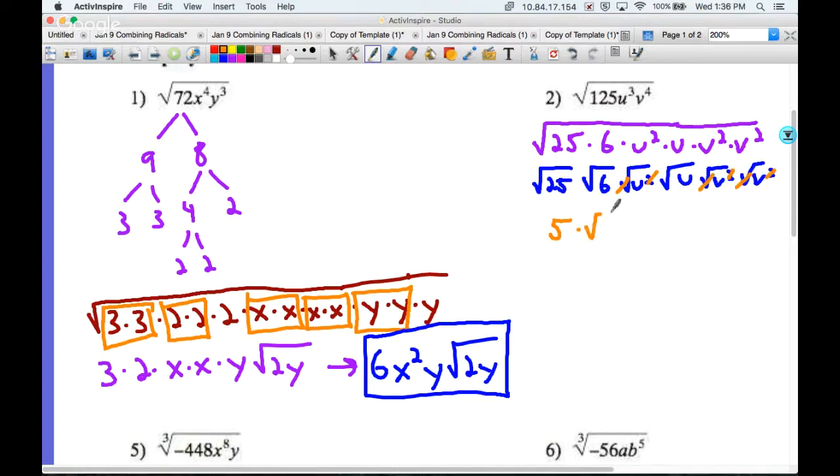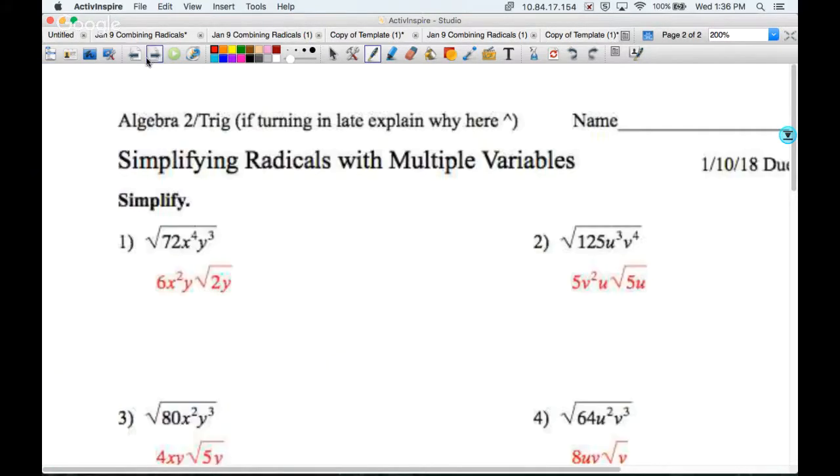And I've got 5 root 6 root u times v times v. I'm going to put these back together under 1 square root and regroup this so that everything not in a square root comes to the front. For a final answer, 5v squared root 6u. Check if that's right. 5v squared u root 5u.